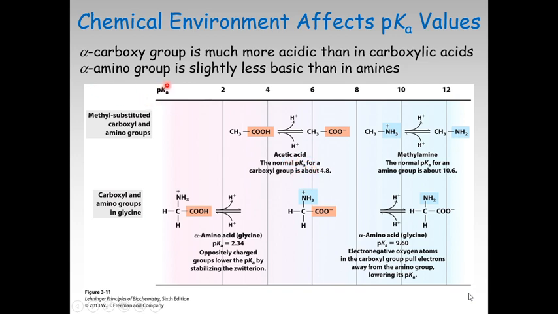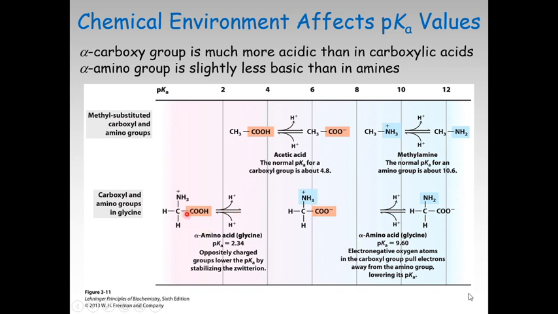Alpha amino groups are slightly less basic than amines. In this case, we can compare glycine and methylamine. The amino group in glycine has a pKa of 9.60, whereas the amino group in methylamine is 10.6. What is the reason behind this?